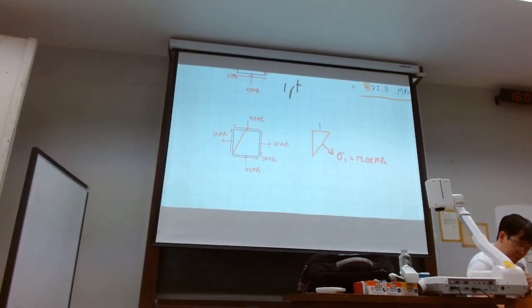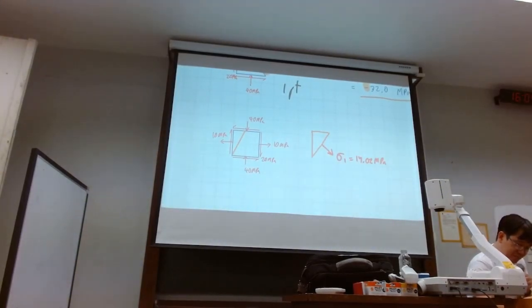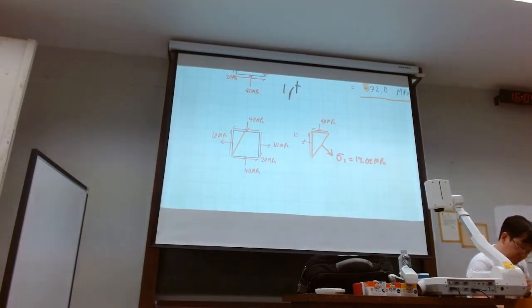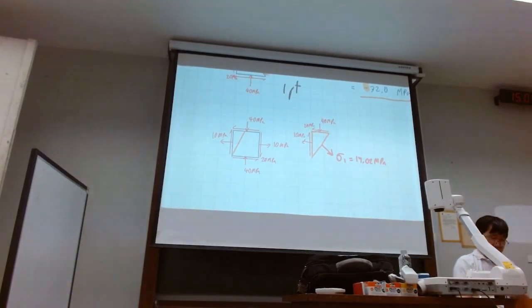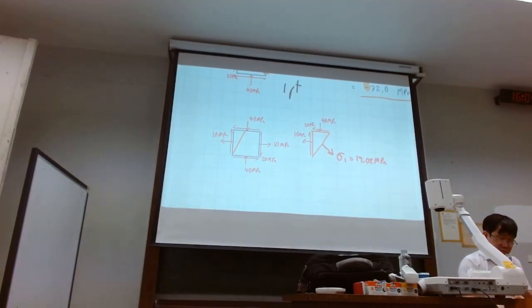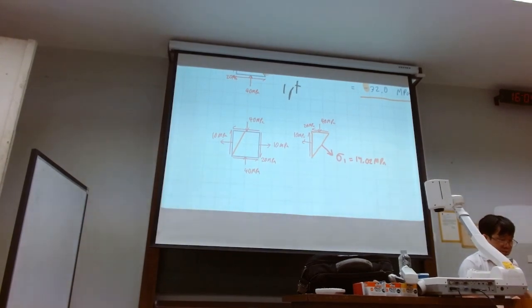And then you still have everything else the same. This is 20 MPa. Now, this is sigma 1, but what about the minimum?